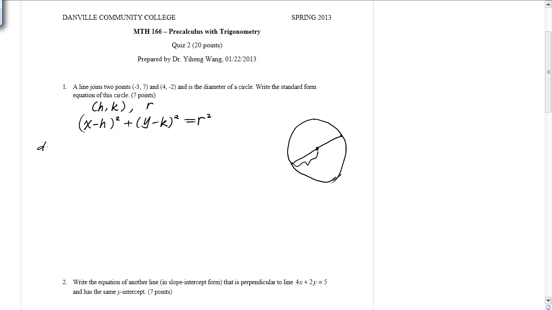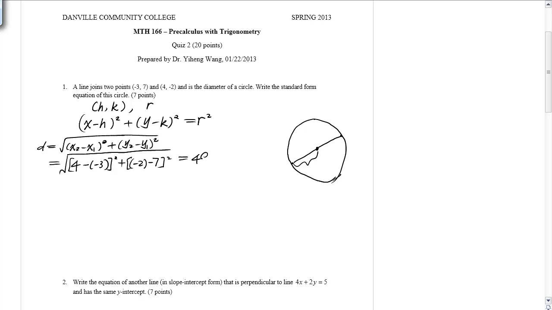So the distance formula equals the square root of (x2 minus x1) squared plus (y2 minus y1) squared. So in this case, 4 minus negative 3 squared plus negative 2 minus 7 squared. 4 minus negative 3 is 7. 7 squared is 49.